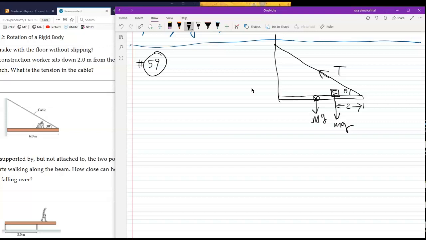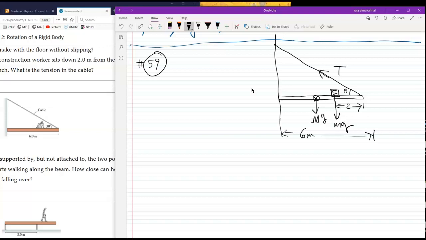Oh, and then you have the full length of the beam is 6 meters. There we go. Okay? All right, you can pause the video and think about it, see how we're going to put all the forces right there. Now, initially, I could just use Newtonian physics, okay? So let's do that. That's the easy part.